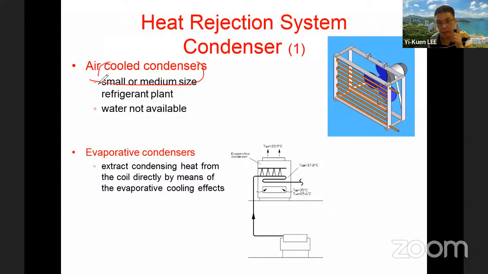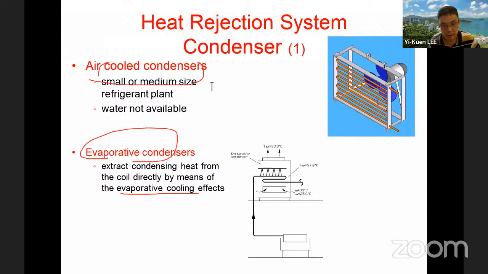Only single phase flow, so that the amount of heat it can carry would be smaller compared with this kind of evaporator. That's why here, this has some phase exchange, so the amount of heat it can carry would be much more efficient, right?